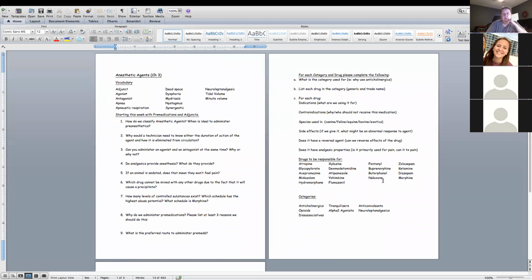On this homework sheet, atropine and glycopyrrolate are your anticholinergics. Why do I give them? I'm going to either prevent or treat bradycardia or excess salivation. Those are the two main reasons I use them for anesthesia.